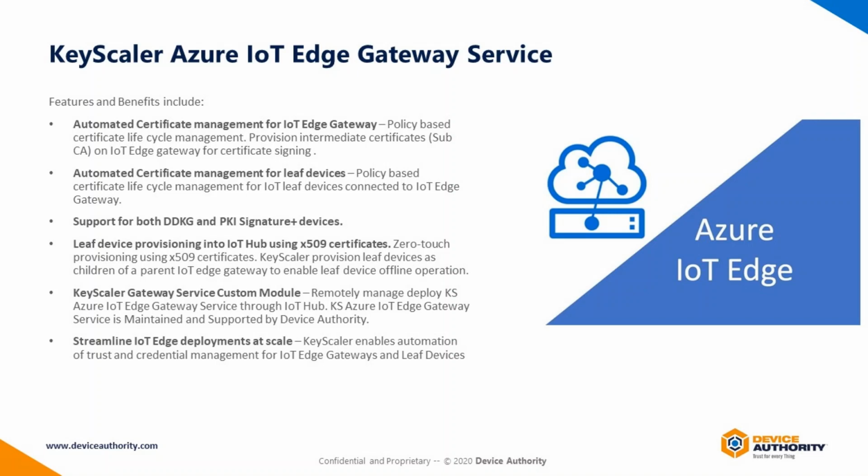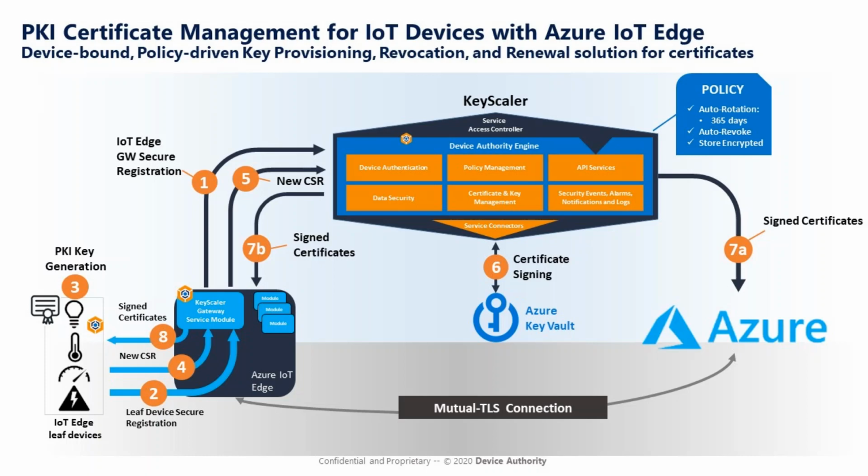The whole solution enables you a way to streamline the IoT Edge deployment by automating the provisioning and management for these certificates. So the next diagram here will show you the flows for the certificate provisioning management for the gateway and leaf devices.